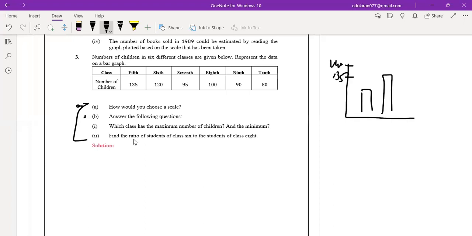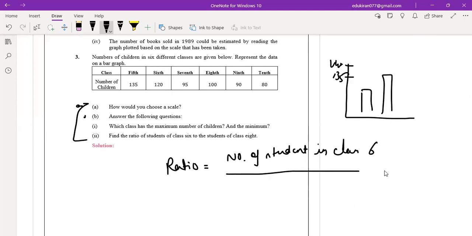Ratio means, whenever they ask you for ratio, it will be the number of students in class 6th divided by the number of students in class 8.